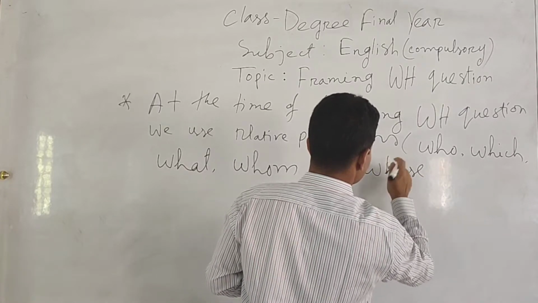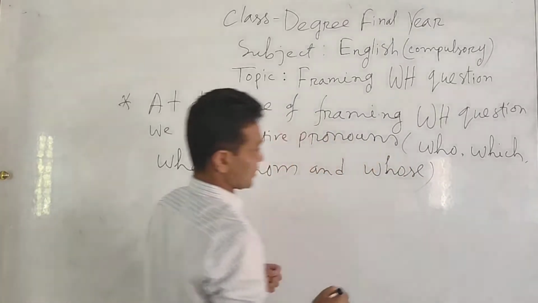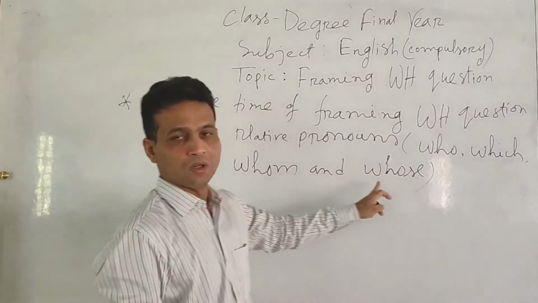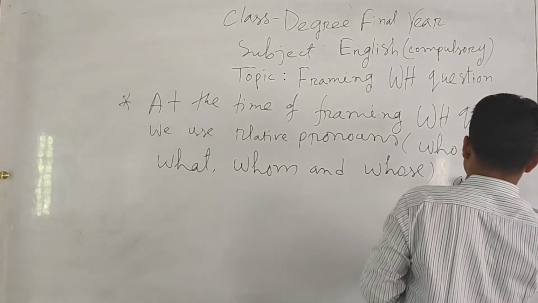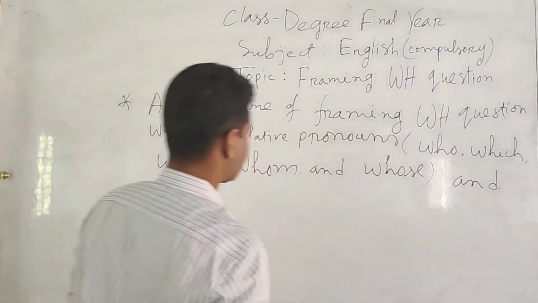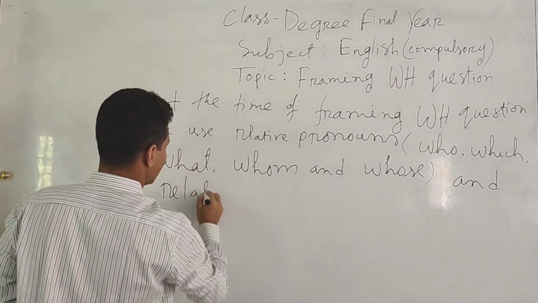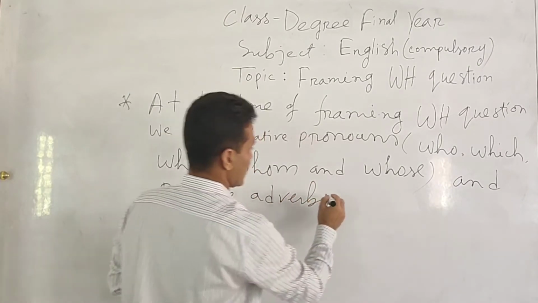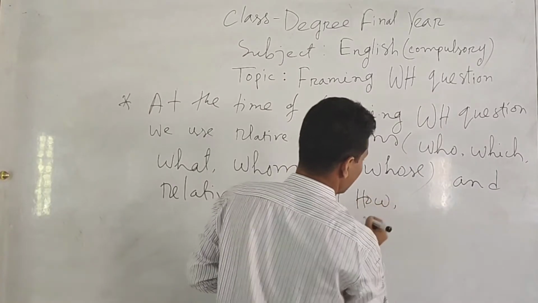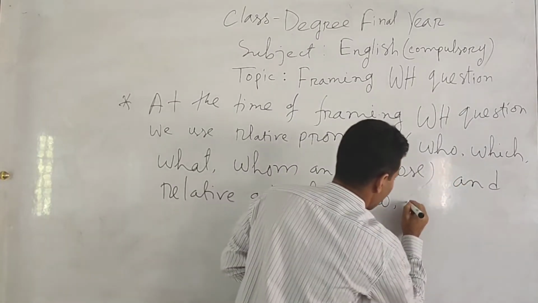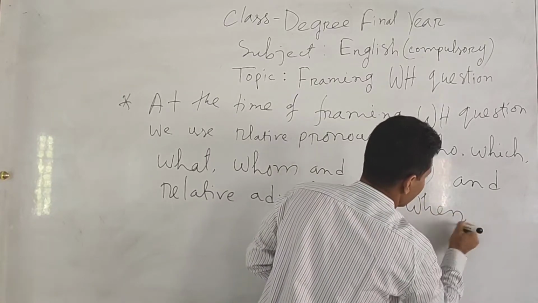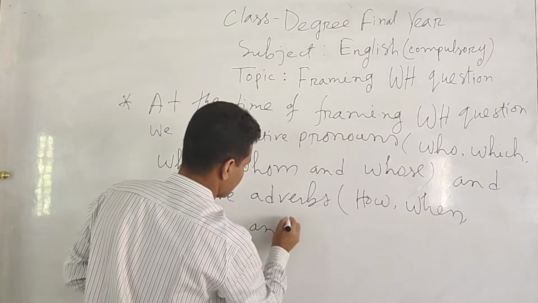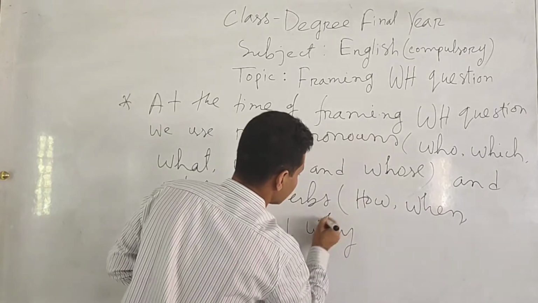We use relative pronouns who, what, whom, whose, and relative adverbs how, when, where, and why.